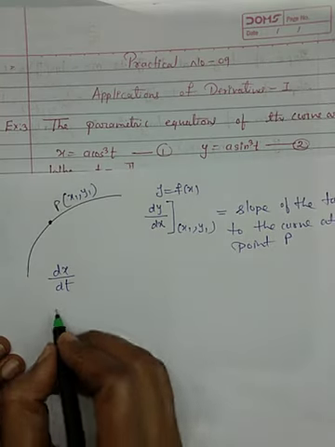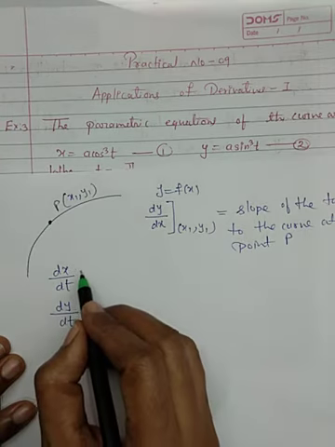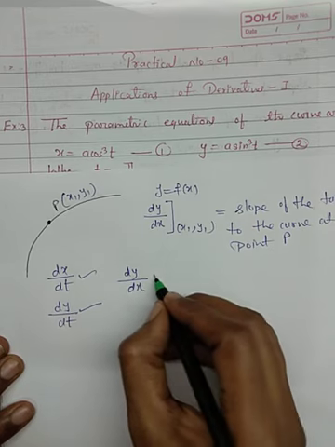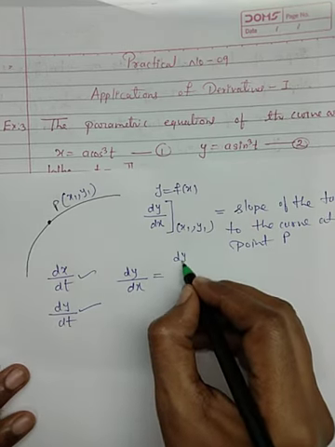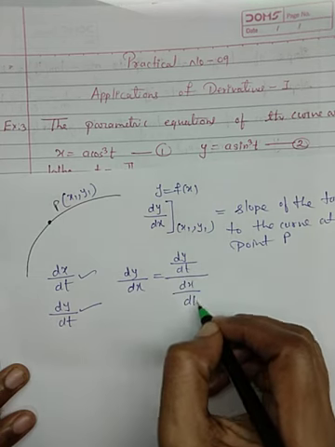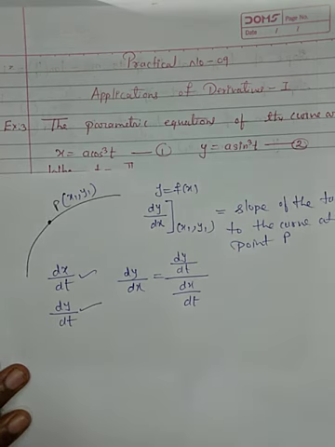Then you will find the derivative of y with respect to t. After finding these two, you will find dy by dx. The formula is dy by dx equal to dy by dt divided by dx by dt, and then you will find dy by dx at the given point x1 comma y1.